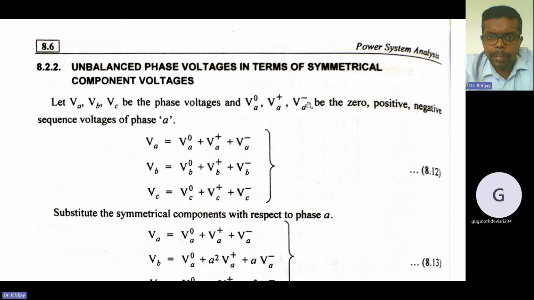Like that also they may ask a question. It is the same answer only; the question alone they may ask in a different way. So instead of zero, positive and negative, you can also use 0, 1, 2, or otherwise you can use the same notation.